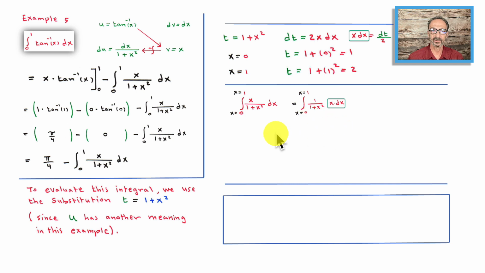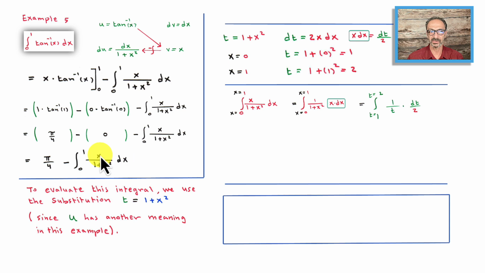dt and t variable, you're going to see the following. Notice I pulled the x to the side next to the dx, so I could take advantage of this and replace it with dt over 2. So the problem now with the variable t is the integral from t1 equals 1 to t2 equals 2, the new limits, of 1 over t.